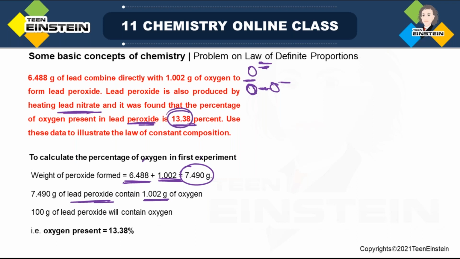So 100 gram of lead peroxide will contain 1.002 divided by 7.490 multiplied by 100. If you do this calculation, you get 13.38, which matches with this. It means that this law is obeyed.